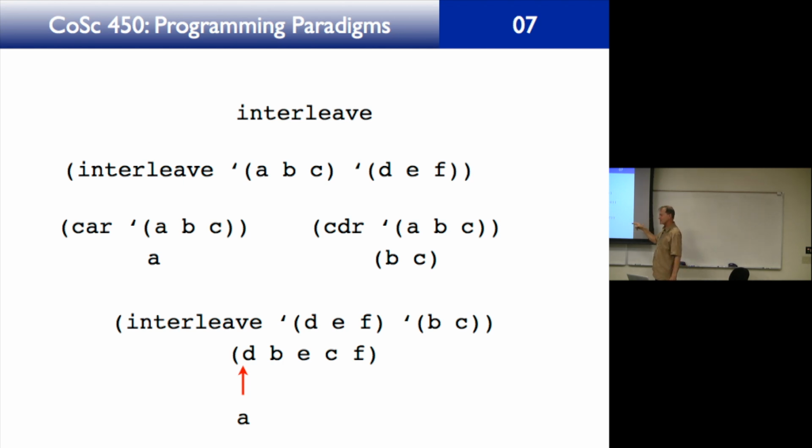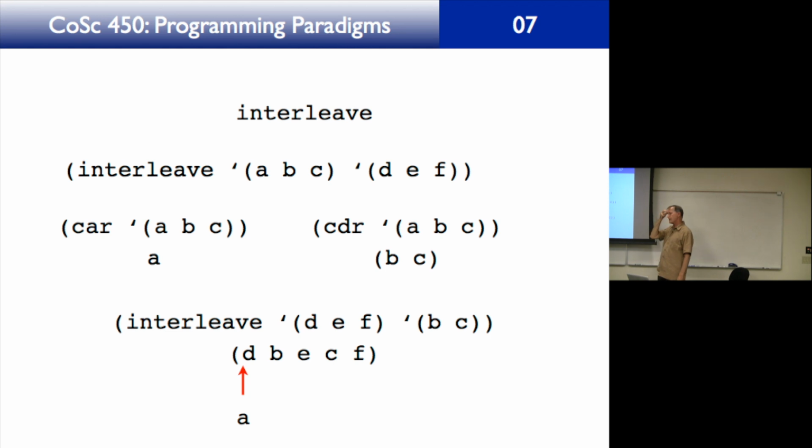So now what's the base case? Well, I don't think they both have to be null, do they? If the first one's null, return the second one. Yes, because actually that's a good point. Do you see that in order to make progress towards our goal, we have to take the car of the first list and the cooter of the first list?